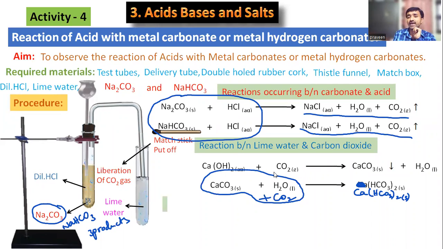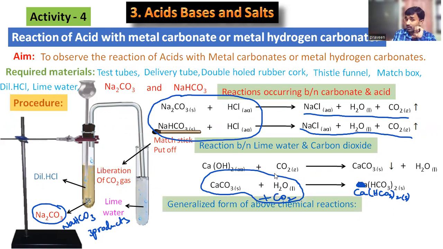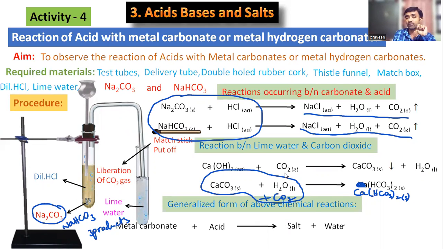So the generalized reactions from the above observations: metal carbonate reacting with the acid produces salt, water, and liberation of gas, carbon dioxide. So these are the common products. What are the common products we noticed in the case of the metal hydrogen carbonate acid reaction?